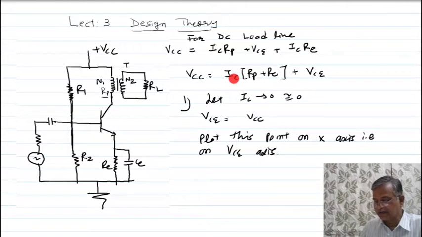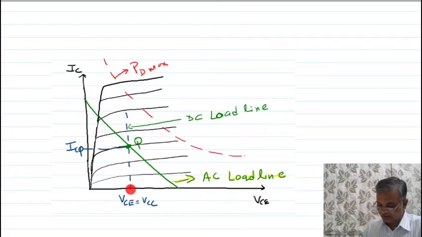If collector current is very less, tends to 0, then VCE is equal to VCC. So this point I have to plot on the x-axis, that is the VCE axis. That I have plotted here. I think you can understand.